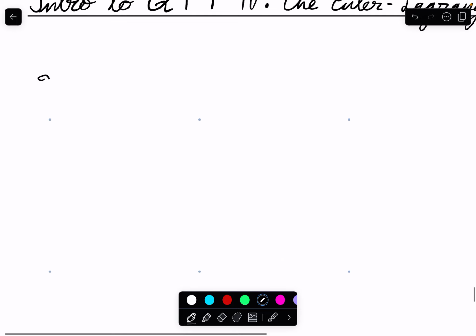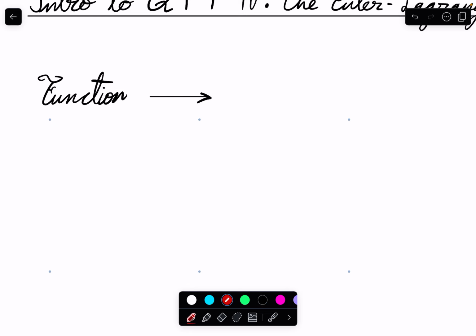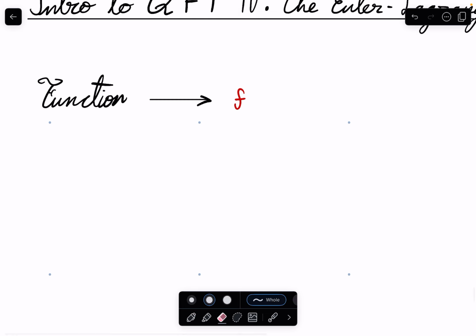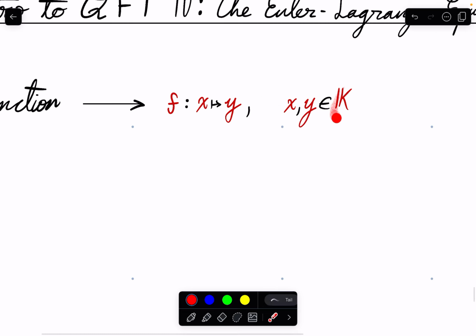So if you have a function, then a function is just some object, little f, that will send some value x to y, and x and y are scalars. So x, y are scalars.